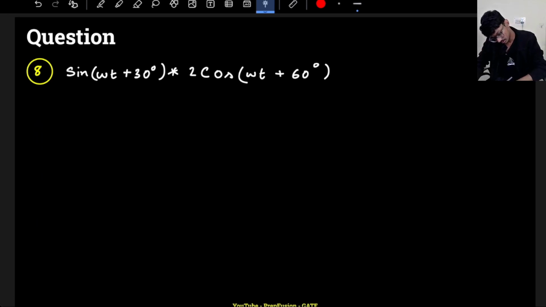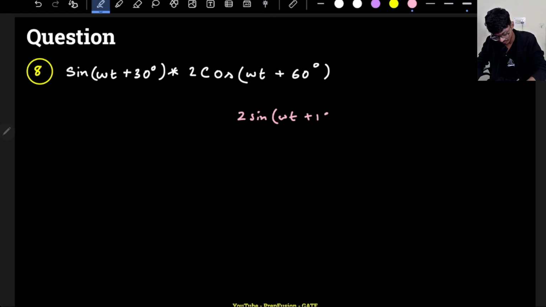So if we say both are of the same frequency and I am multiplying, so let's say I convert this, this will be 2 sine omega t plus 150, and this will be sine omega t plus 30 only.